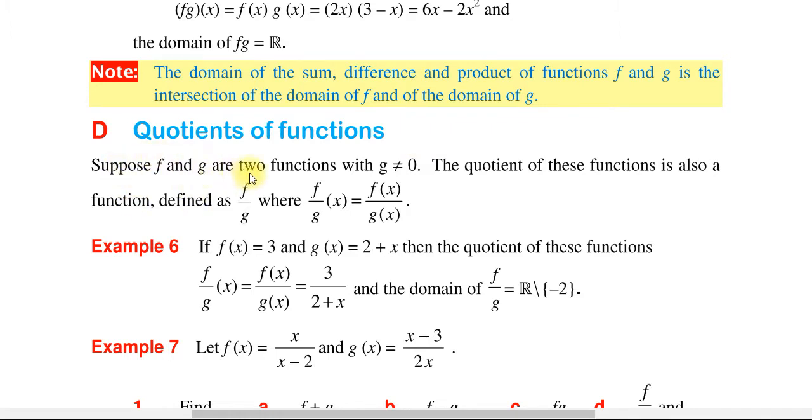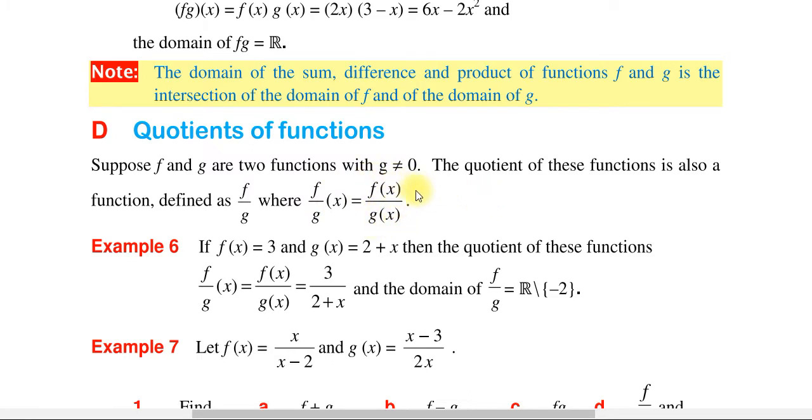Suppose f and g are two functions with g different from 0. The quotient of these functions is also a function, defined as f over g, where f over g at x is equal to f of x over g of x.